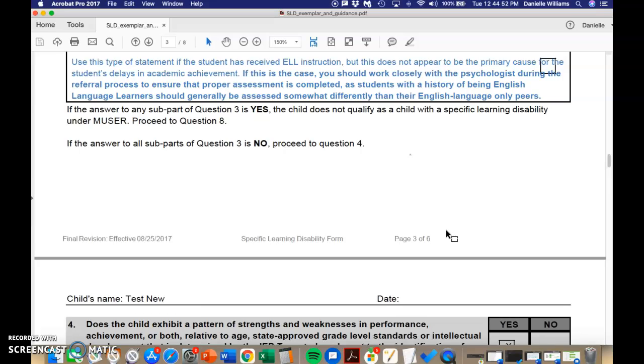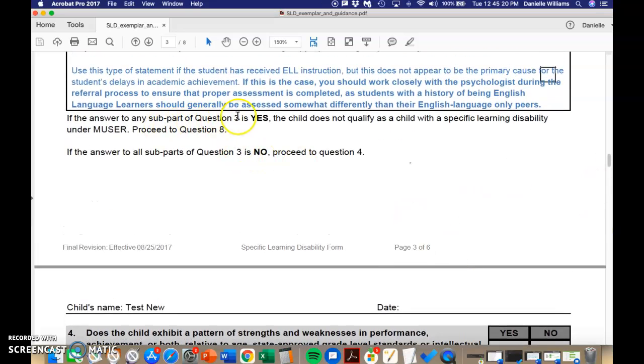So if you have any question as to whether that was actually done, the report should very explicitly state that the evaluator knew the student was an English language learner and used XYZ test or approach because of that. If you see that there, that's probably fine. If you don't see that there, bring the evaluation to someone on the site team so that we can look at that and make a determination about whether it was appropriate.